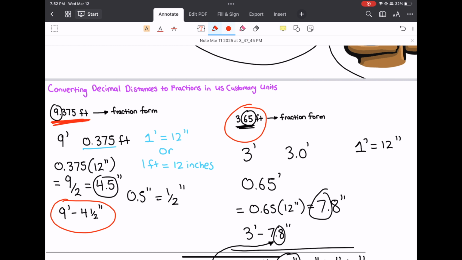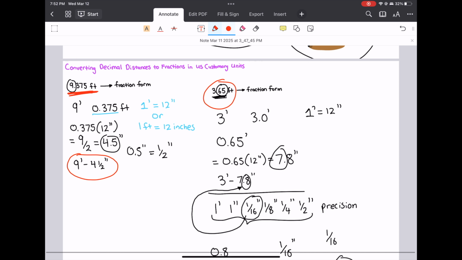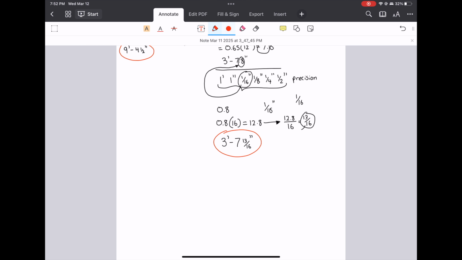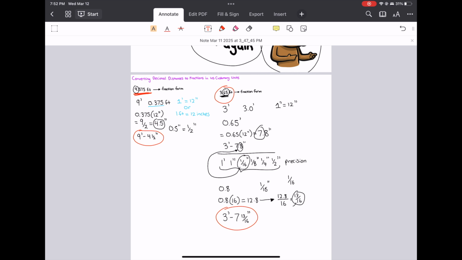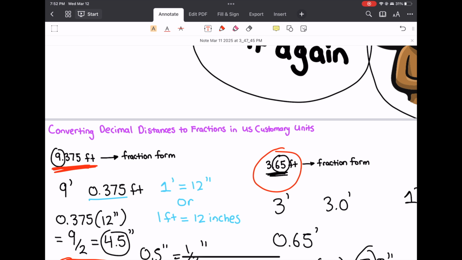If you have it in one form, you can check your answer by doing the opposite. This is just a very quick example of how to convert decimal distances to fractions and vice versa, in US customary units.